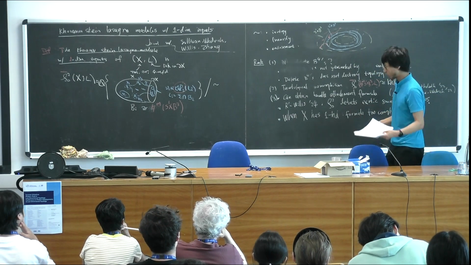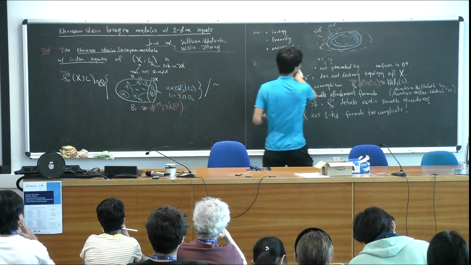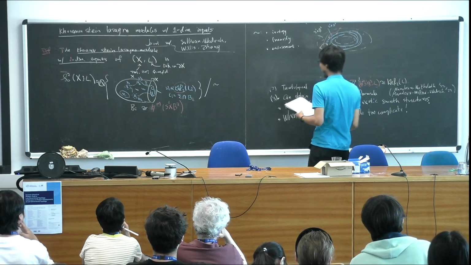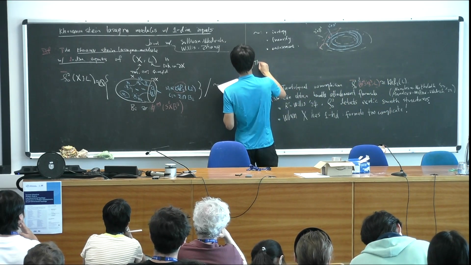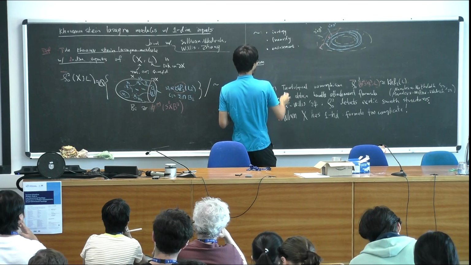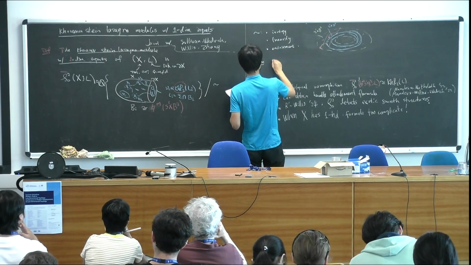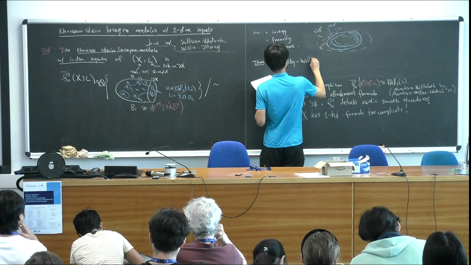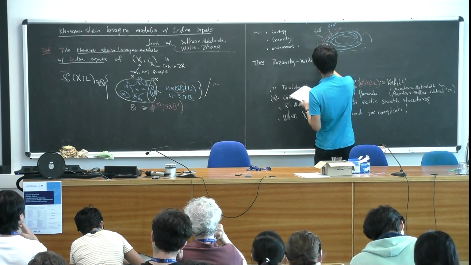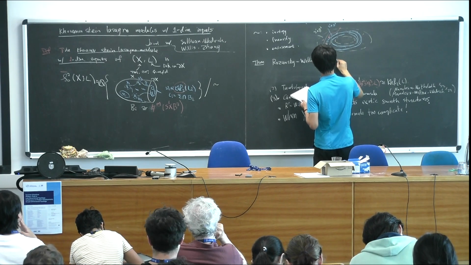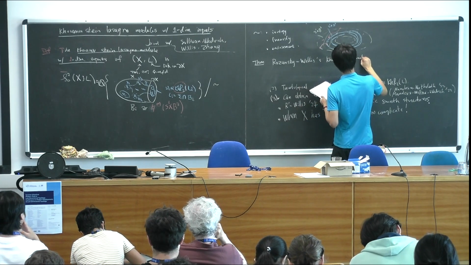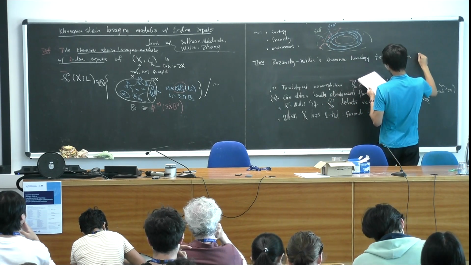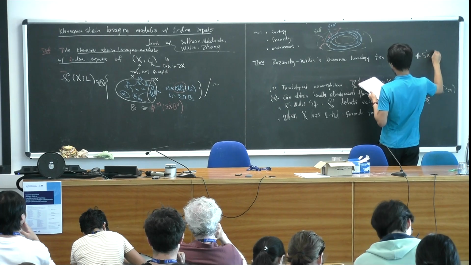All right. So maybe let me write down the theorem. Our main theorem is basically saying this can be done. And it can be done for the so-called Rozansky-Willis invariant. Rozansky and Willis define a Khovanov homology for links in connected sums of S1 times S2s.